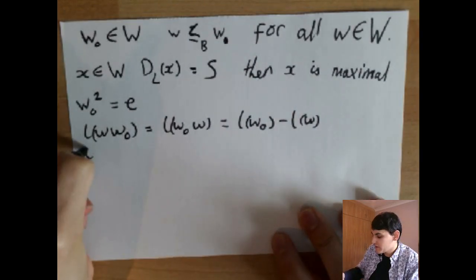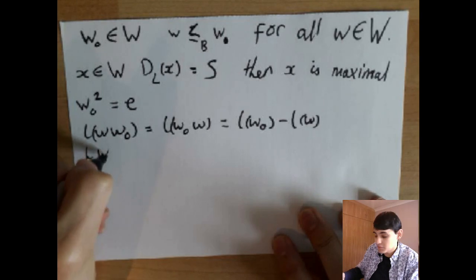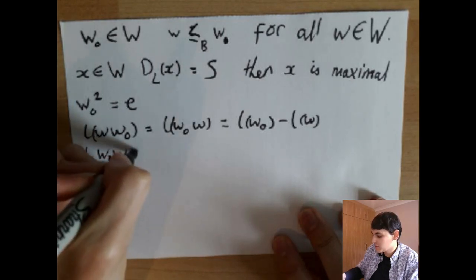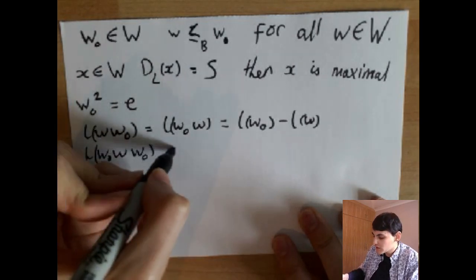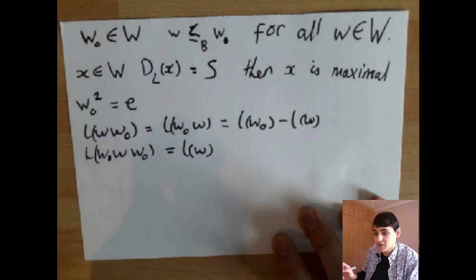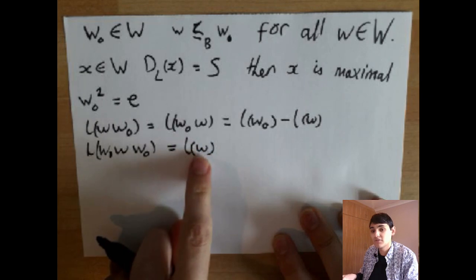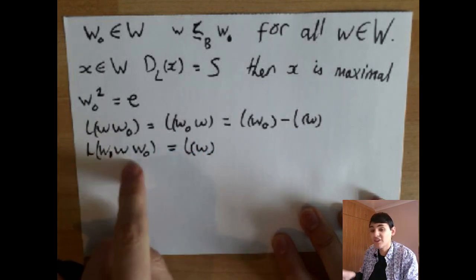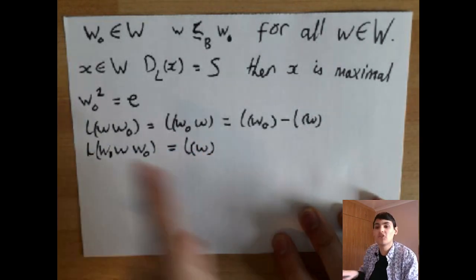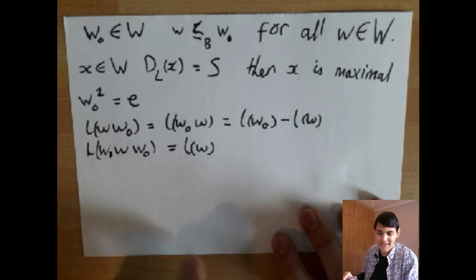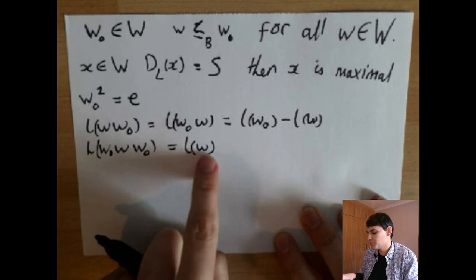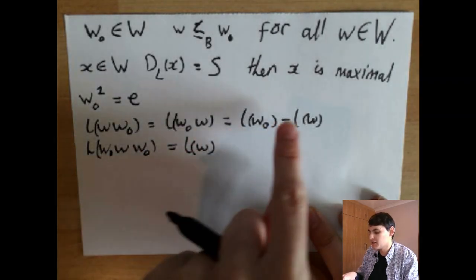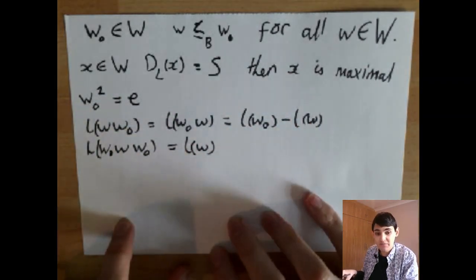We also have the length of W0 w W0. So you're conjugating by W0, and that brings you back to the length of w. Conjugation doesn't affect the length as long as it's by W0, and you can prove that one by applying the previous one twice.